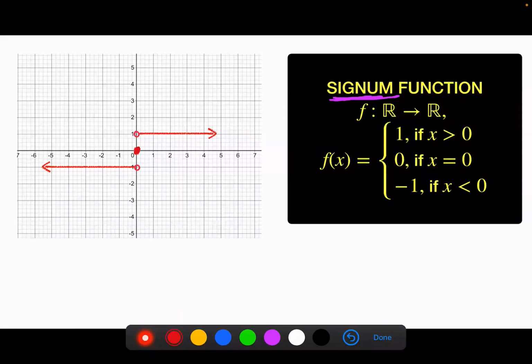If I draw an open circle, it is not included. So the 1 when x is 0 is not correct. When x is 0, it is 0. So this is also a definition, and good problems can be made on this too. We will see as we do problem sessions.